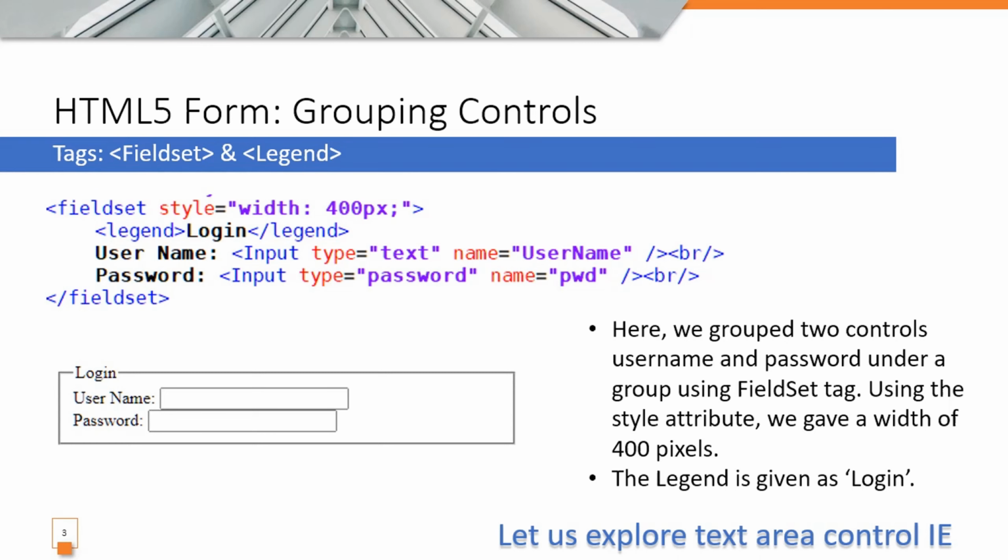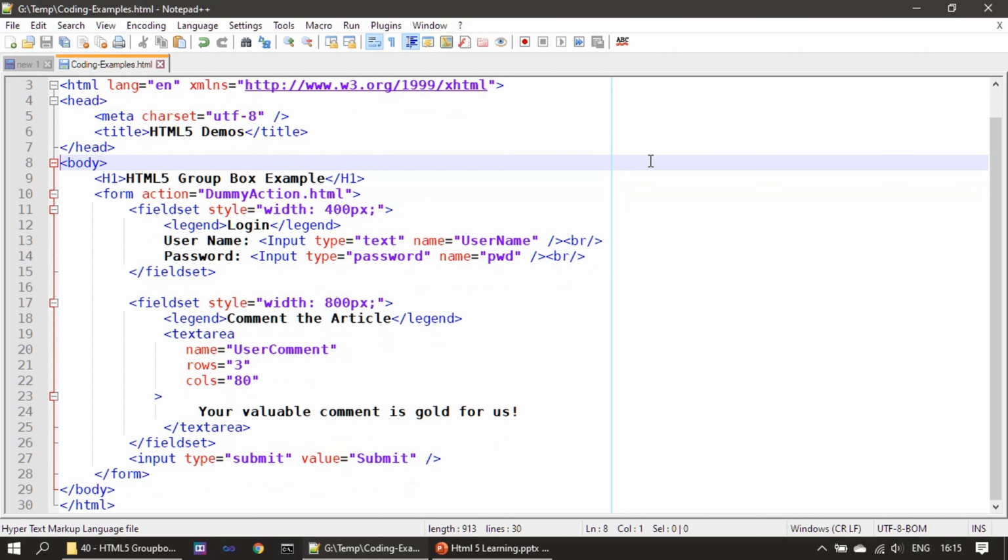Let us see this in IE. As already told, this is the form. Here we have two field sets. The first one is login, which contains two input fields, username and password.